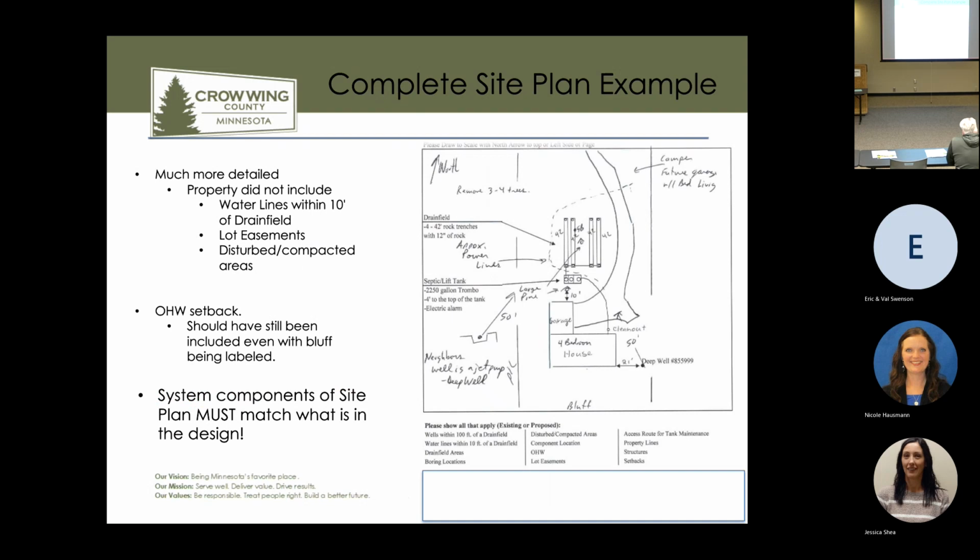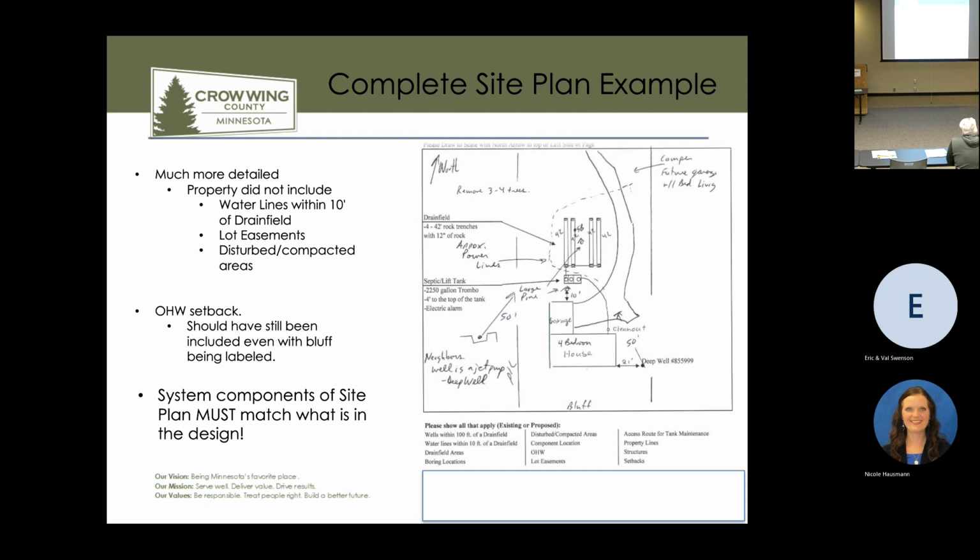On this slide, we have a much more detailed and better example of a site plan. The thing that we see right away is that the north arrow is included. We have the well locations up on there. I apologize, this is going to get a little redundant, so we'll breeze through it.